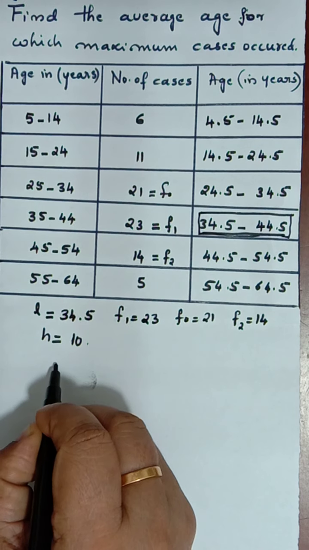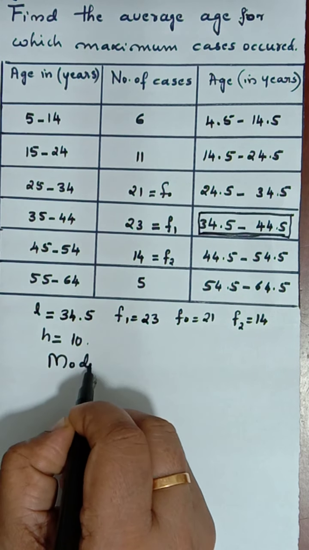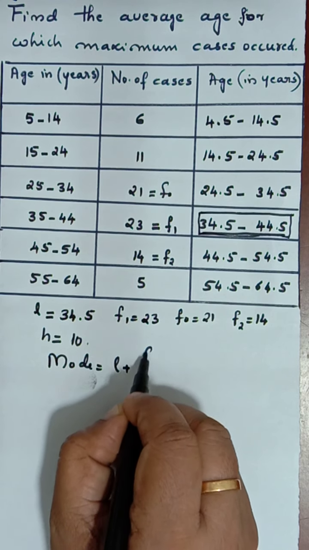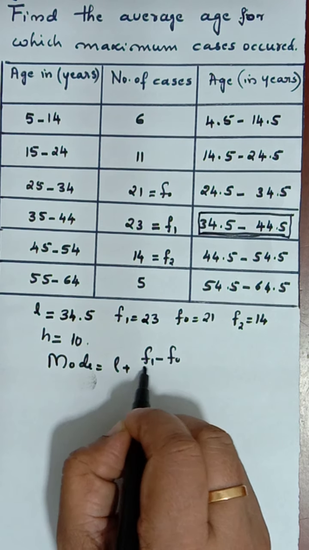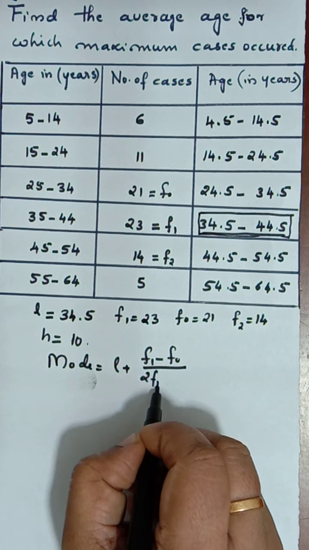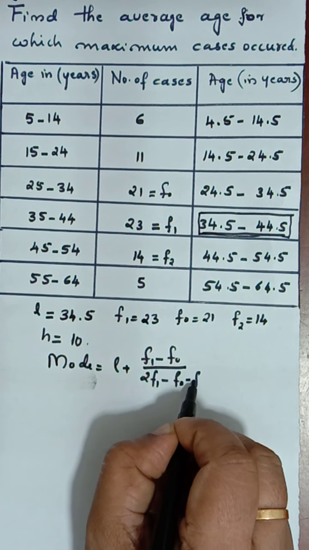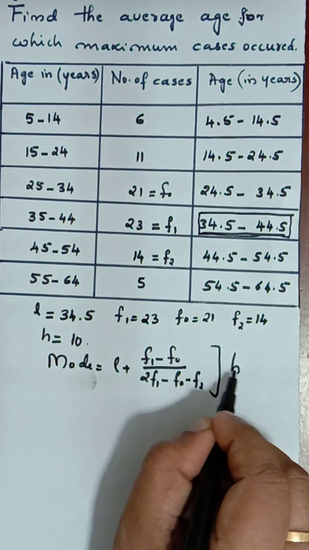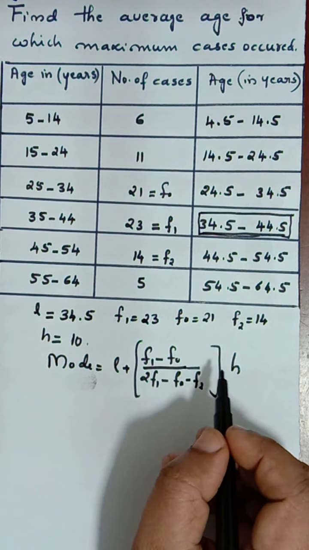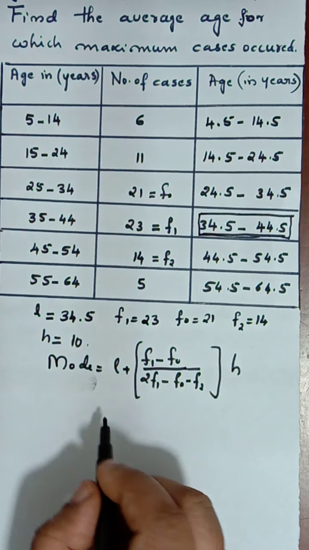What is the formula? Mode is equal to L plus (F1 minus F0) by (2F1 minus F0 minus F2) into h. So we are writing the formula. Now we will be substituting.